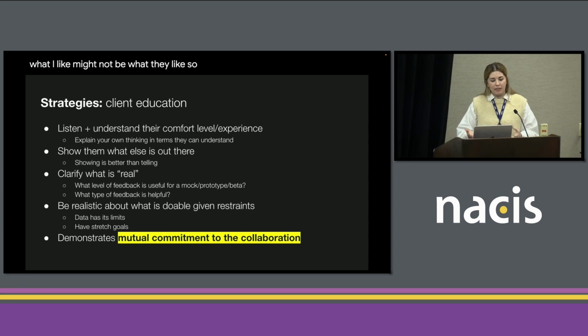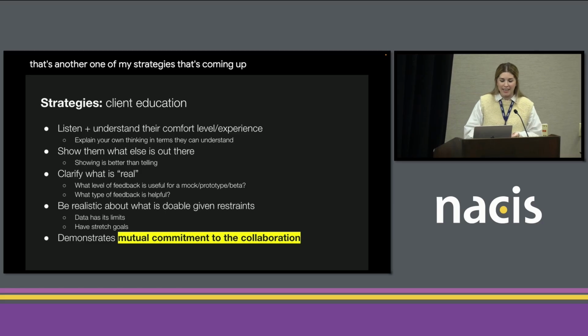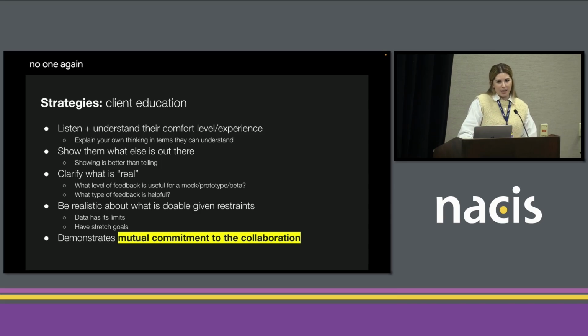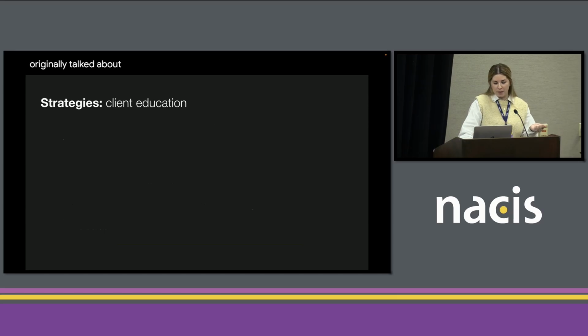So being realistic, like, okay, we're going to do a few versions of this and give you some options to choose from. That's another one of my strategies that's coming up in a second. But being clear, like, it's done by this day, and you have a chance for feedback along the way. So no one, again, is surprised about the scope being different than what you originally talked about.